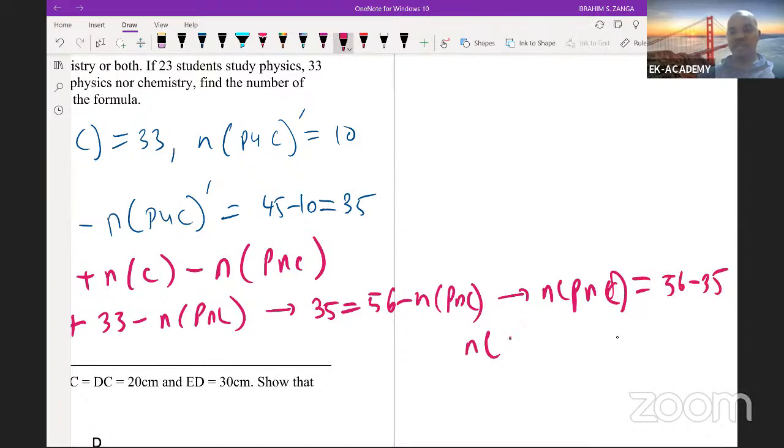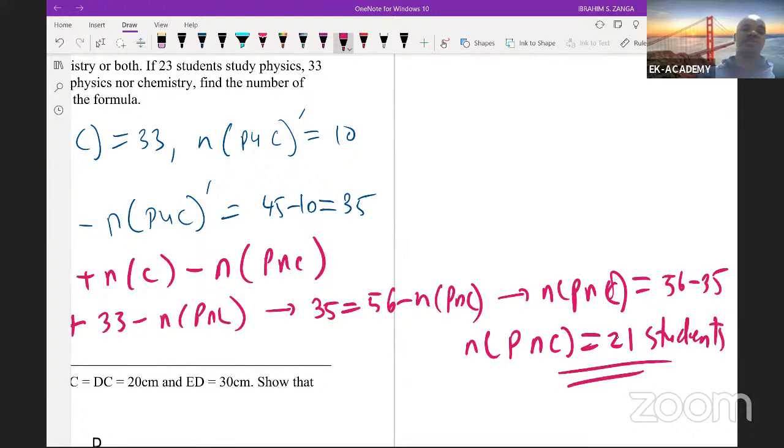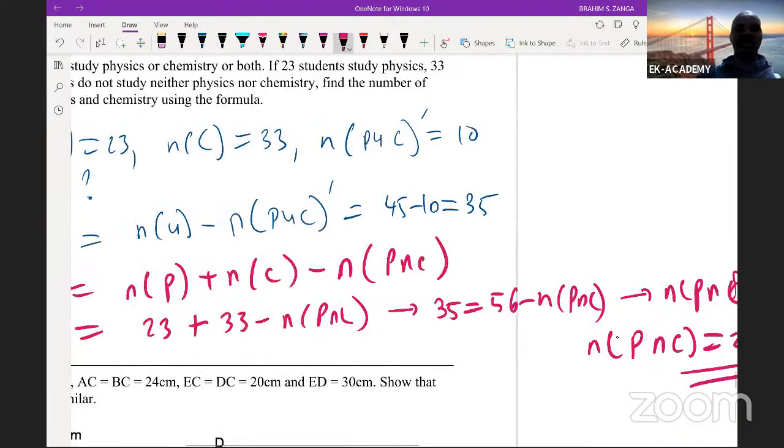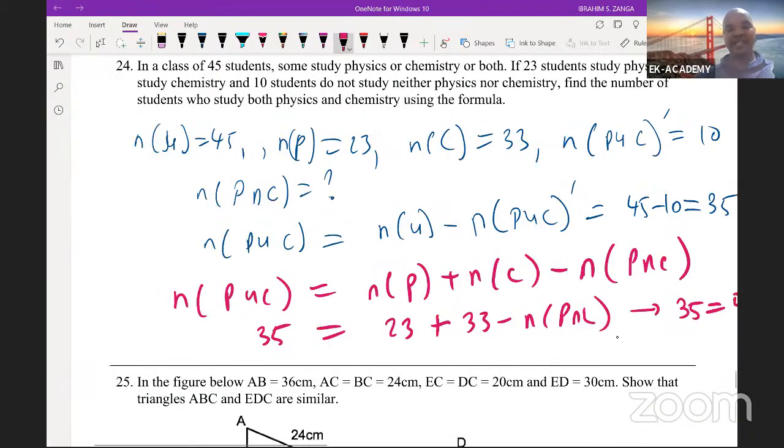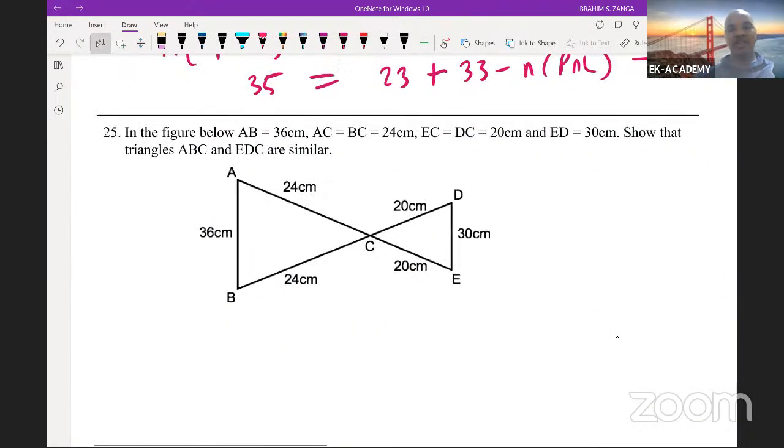We're going to get the number of those who study both physics and chemistry will be 21 students. So the number of those students who study both physics and chemistry is 21.